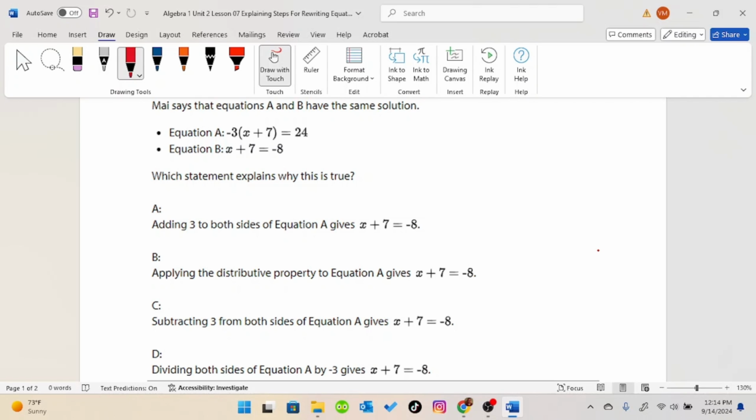So if we do what they say, we would have negative 3 times x plus 7 plus 3 equals 24 plus 3, which is 27. So this would not give us equation B.